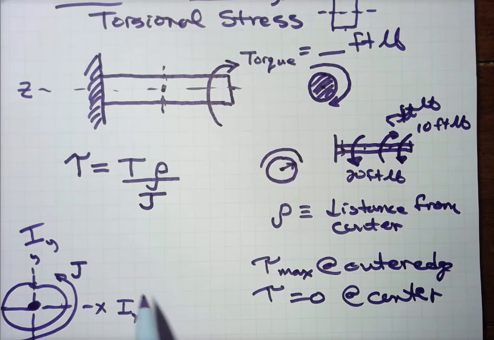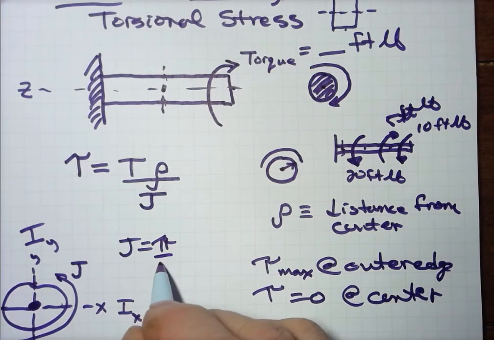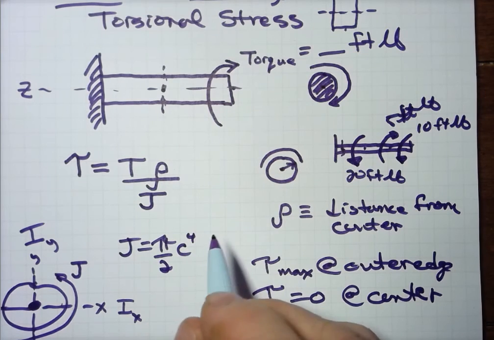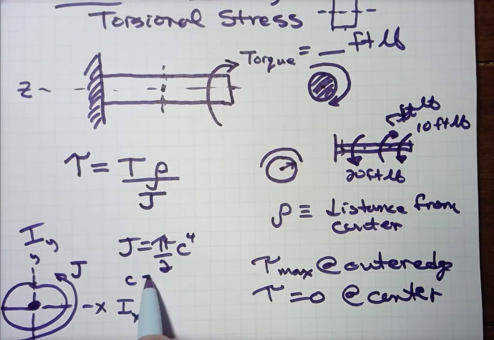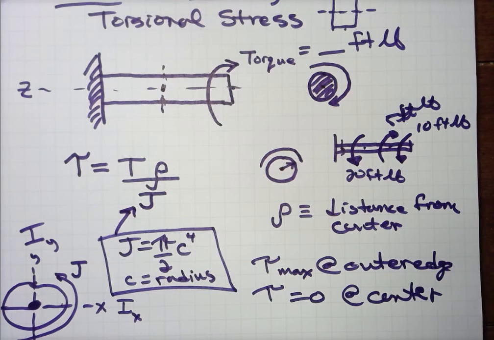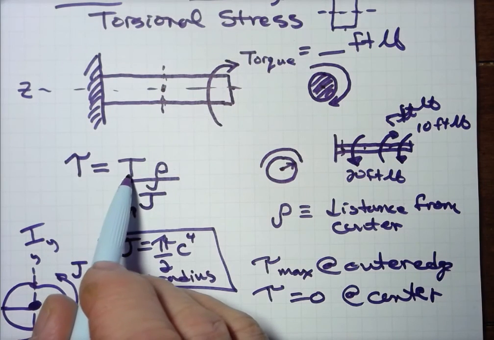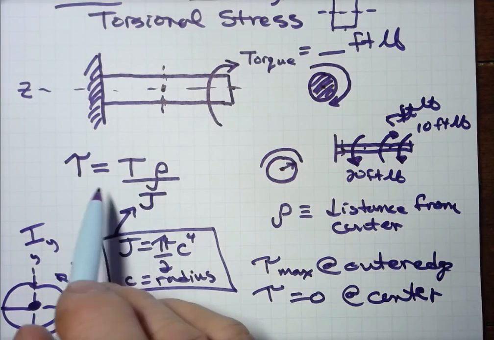So J equals pi over 2 c to the 4th, where c is the radius. And there it is, the equation for shear stress: torque, distance from the center, over polar moment of inertia.